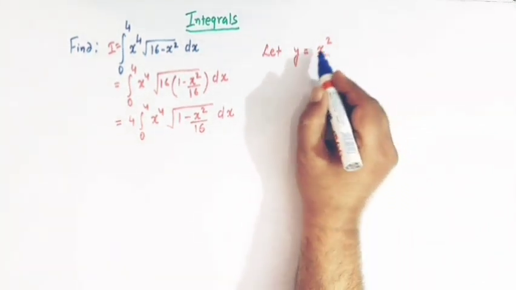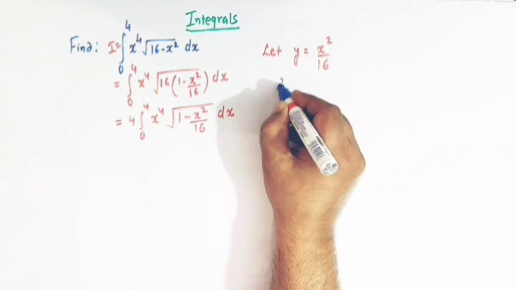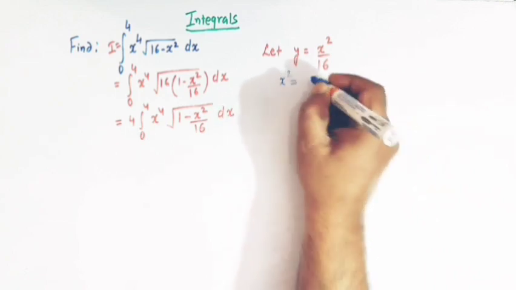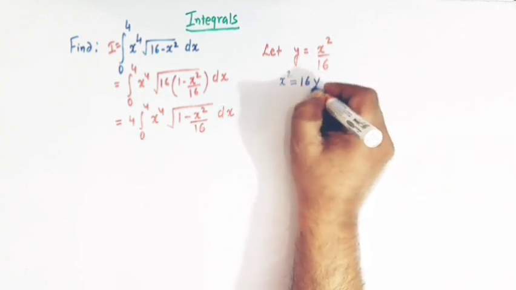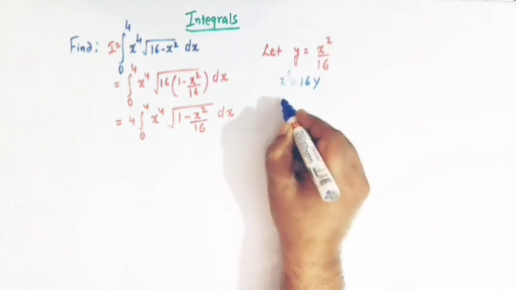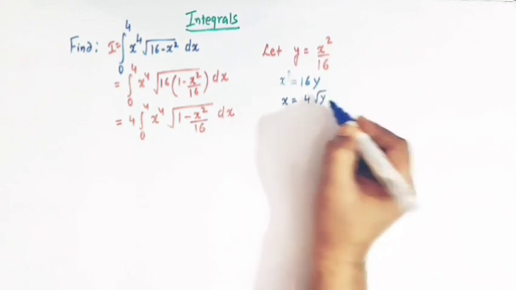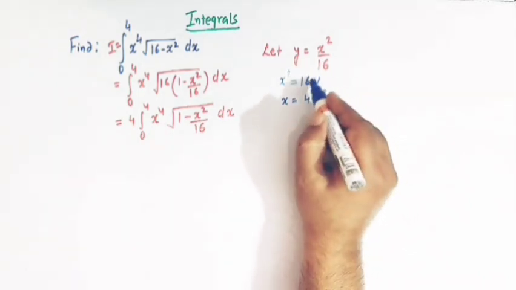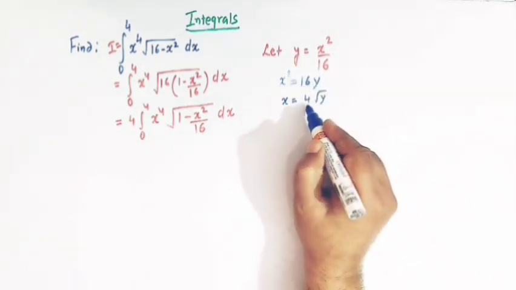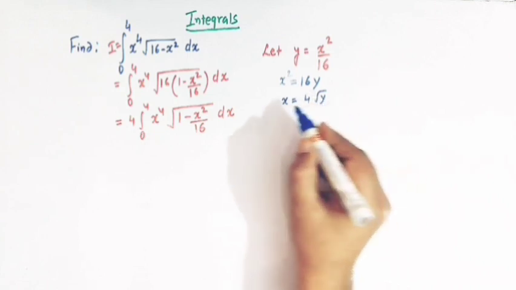So now we can write x square is equal to 16 y, and we can also write x is equal to 4 times square root of y, right? So taking the square root of 16y, we have 4 times the square root of y, right?